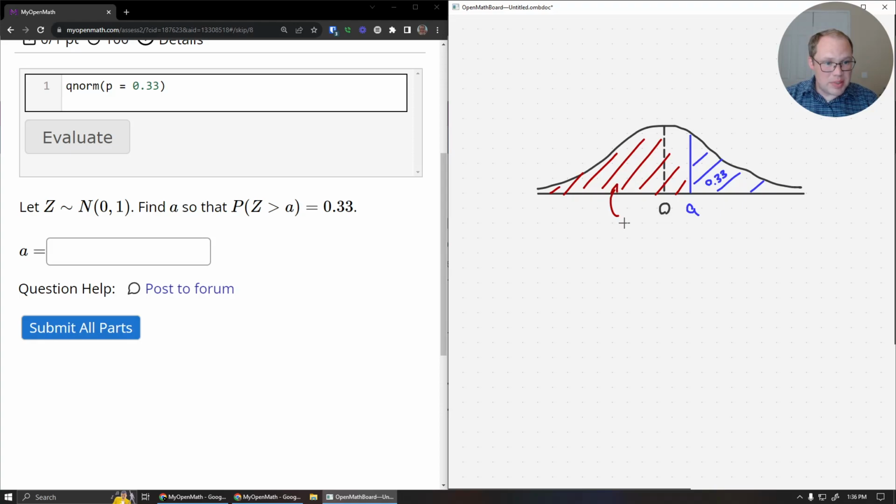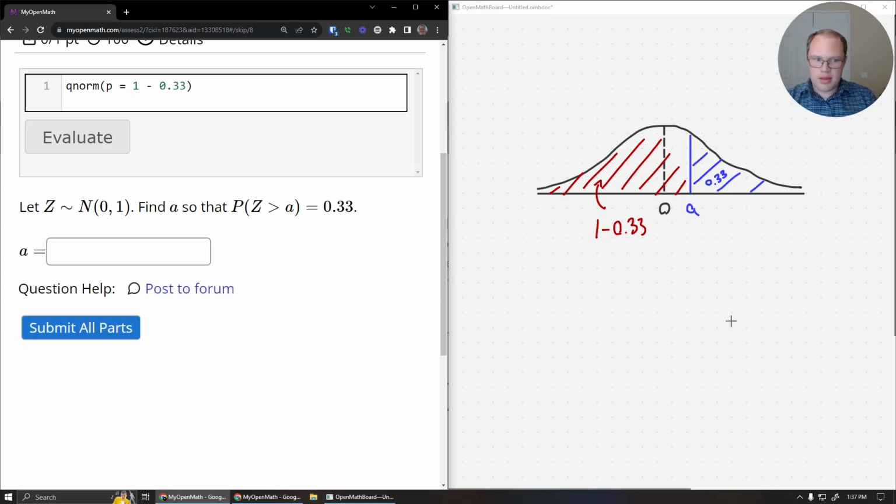So this probability plus this probability need to be 1, which means this probability must be 1 minus the other probability, so that when I add them together, I get 1. So instead of plugging in 0.33, because I'm interested in the probability that Z is greater than A equal to 0.33, I'll instead plug in 1 minus 0.33.